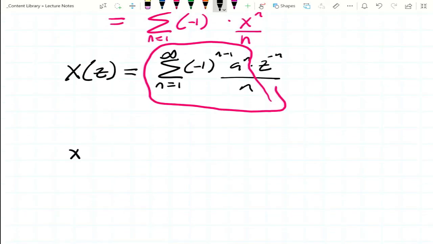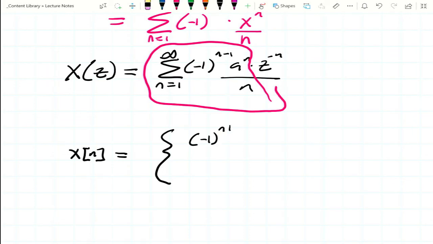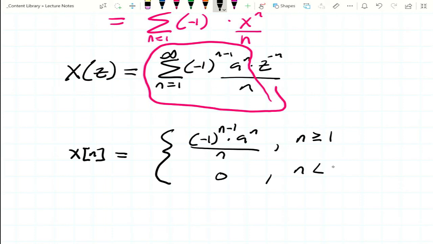So that means that our x of n is equal to, let's see, minus 1 to the n minus 1 times a to the n over n for n greater than or equal to 1, and 0 for n less than 1. That's all there is to it.